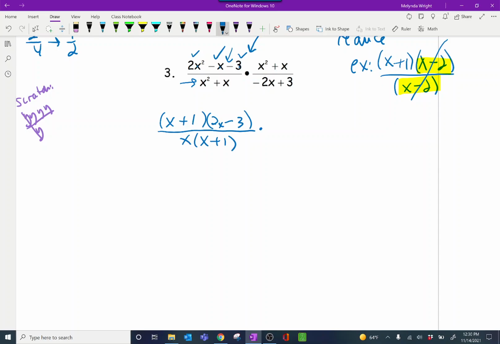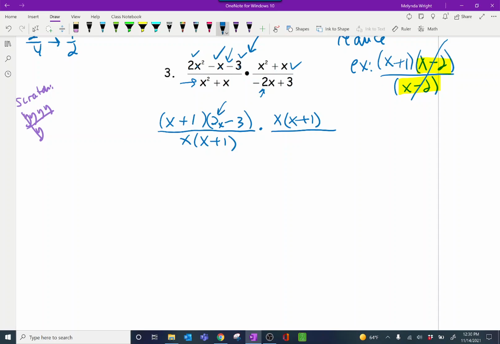Now let's look at this numerator. We've got another greatest common factor of x. Great. That's done. And it doesn't look like negative 2x plus 3 has any common factors. I guess I could factor a negative 1 out. That might be promising since that's a positive 2x and that's a negative 2x.